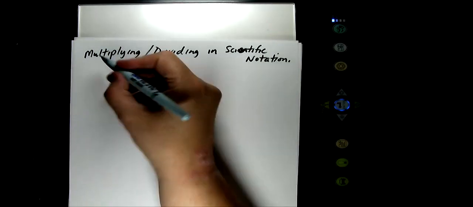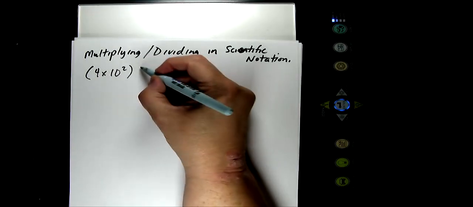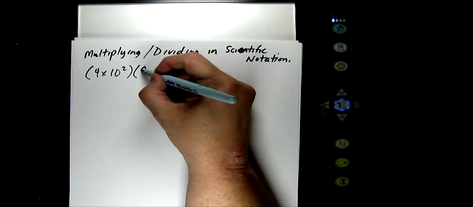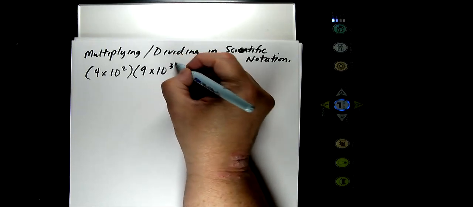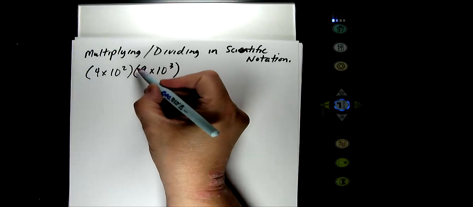So let's say we've got 4 times 10 to the second, and we're gonna multiply this by 9 times 10 to the third. In fact, all of these are multiplied together.